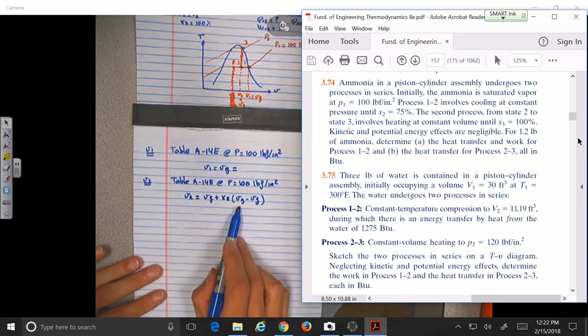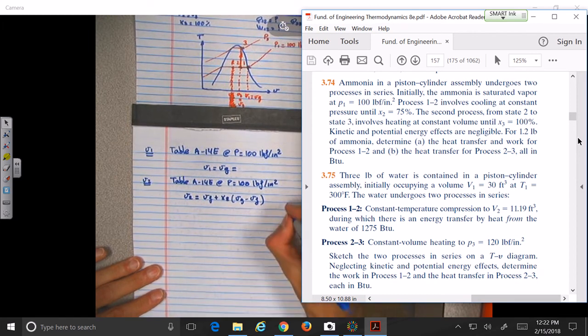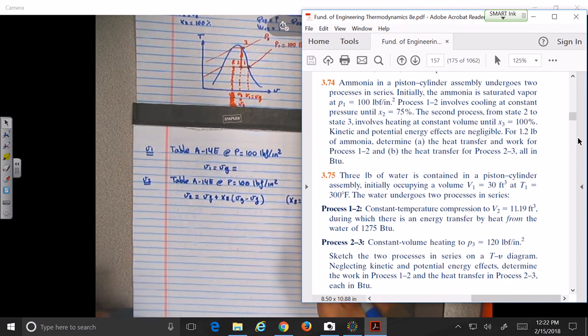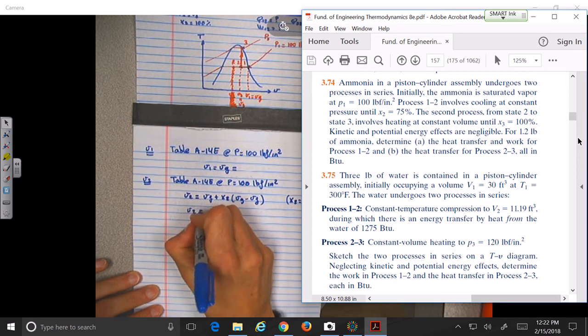And the Vg here is the same as this one, but you need to use the Vf, and the x2 over here is 0.75.